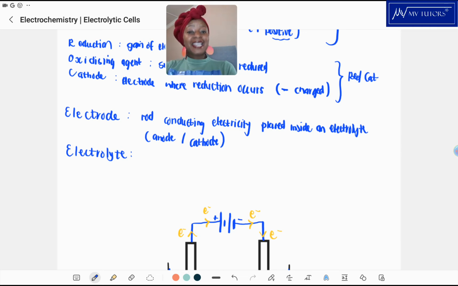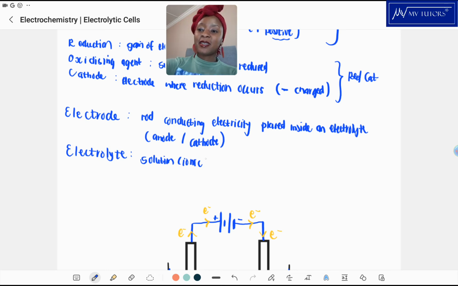And then you have an electrolyte. Basically that is a solution, an ionic solution. I'll put the ionic because if it's ionic, it does allow electricity to be conducted. So it is an ionic solution, or you could say ionic liquid, it's up to you.